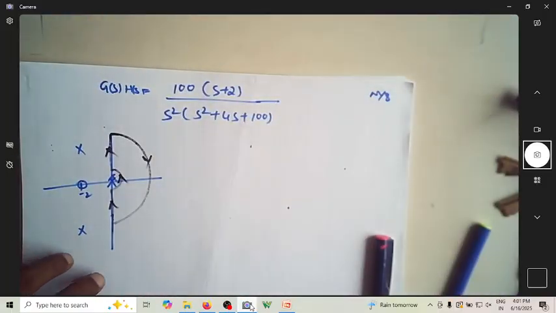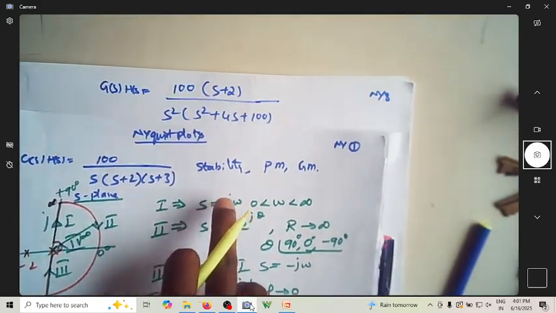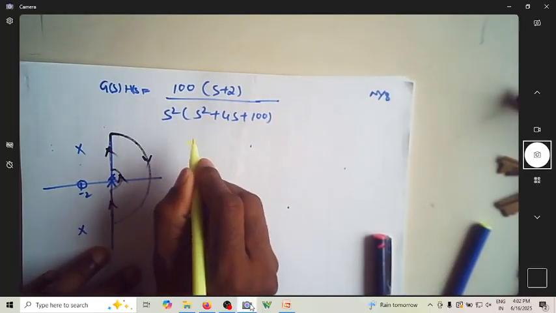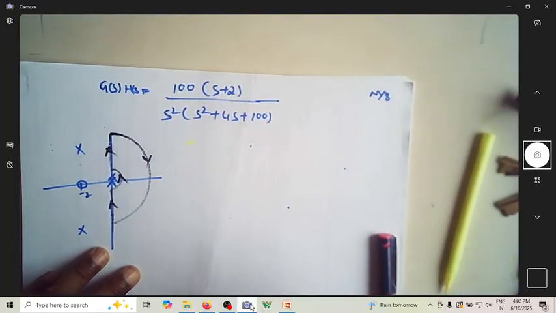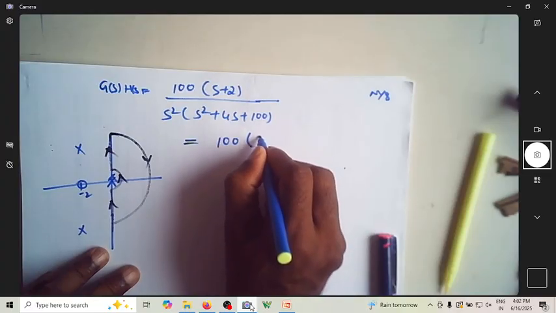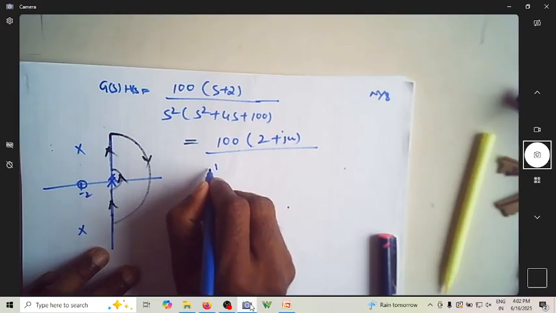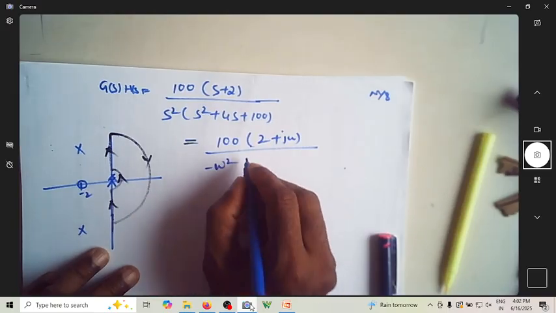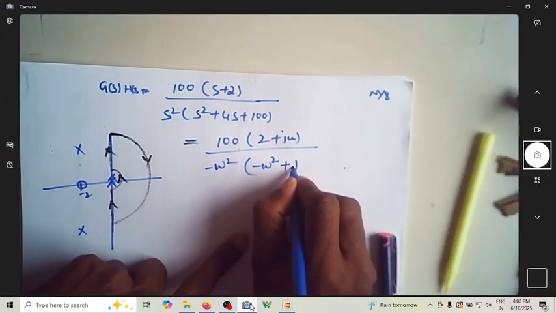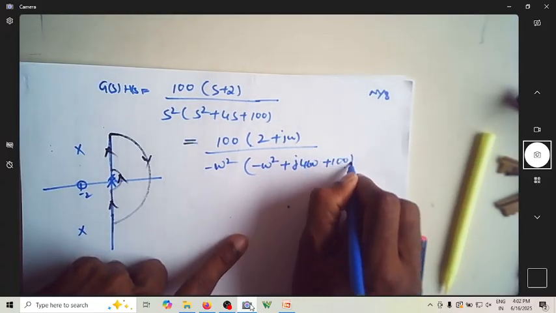So let us start. Only thing here is that when I'm substituting s by j omega for this quadratic term, let us spend some time here. Let me just write it here. So this is 100. This is 2 plus j omega. This is minus omega square, and this happens to be minus omega square plus j 4 omega plus 100.